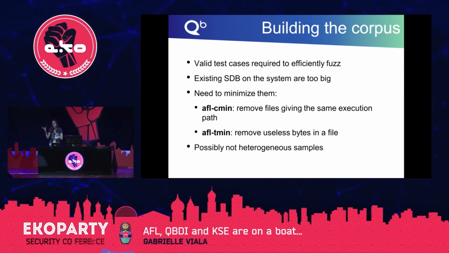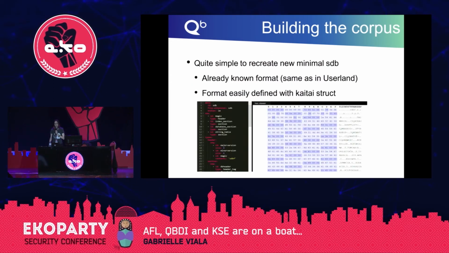There are 2 tools provided by AFL. The thing is, even with that, you're not sure to have a really big corpus as the SDBs are intended to be used and not intended to be fuzzed. So it's better to also create new minimal SDBs, which is really simple because the format is already well known.